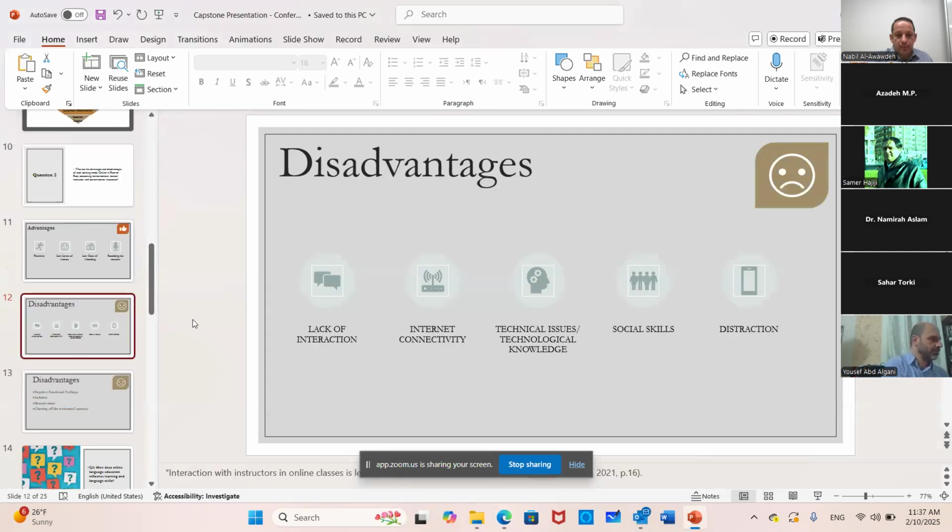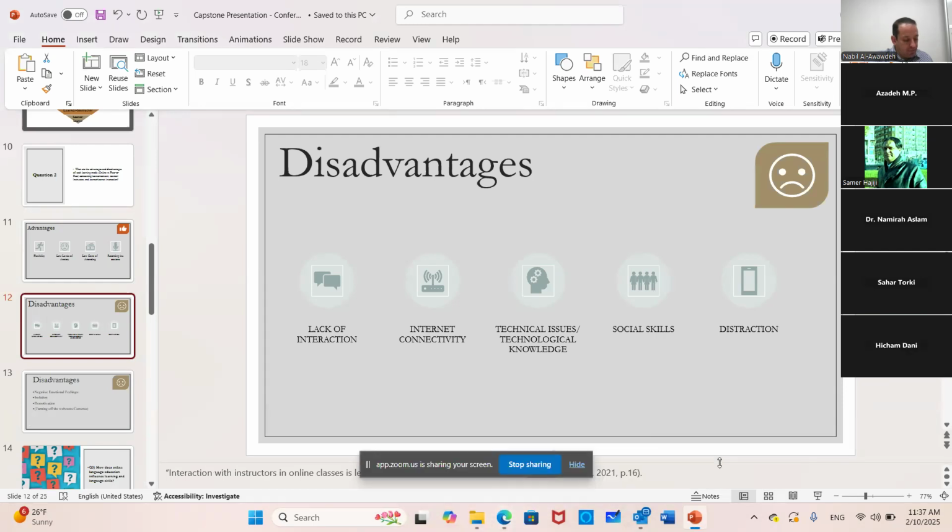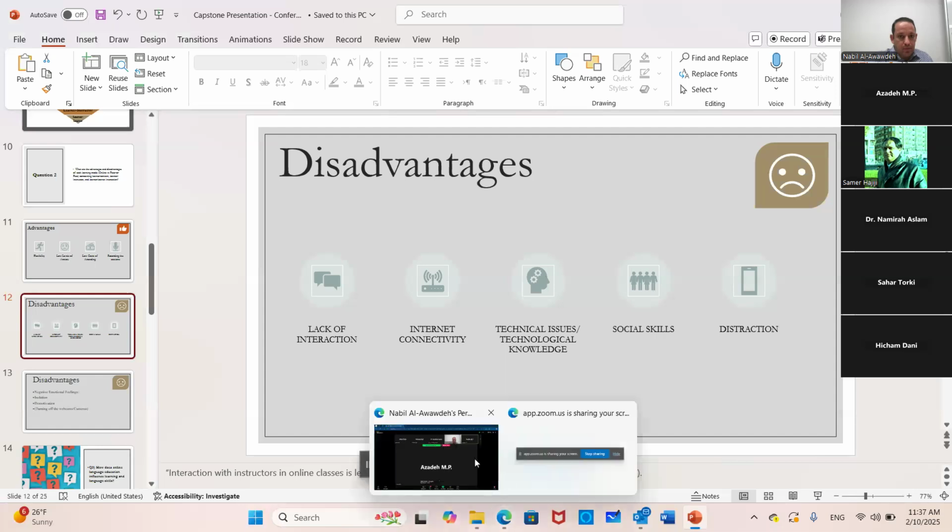Was this lack of interaction obvious even in the synchronous mode of instruction? Because in the synchronous mode, students will get a chance to communicate instantaneously.